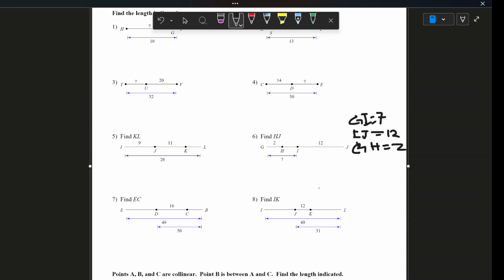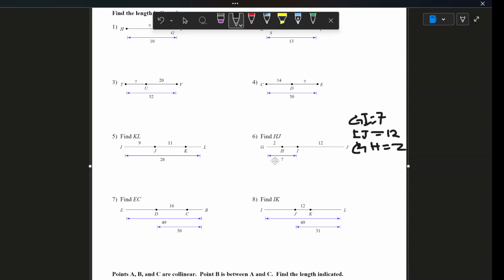So first thing I would do is, if I want to get HJ, first I want to figure out what HI is, because I know GI. Let's do GI minus GH. Sorry about that. Give me one second. I don't know what's wrong with my computer today.